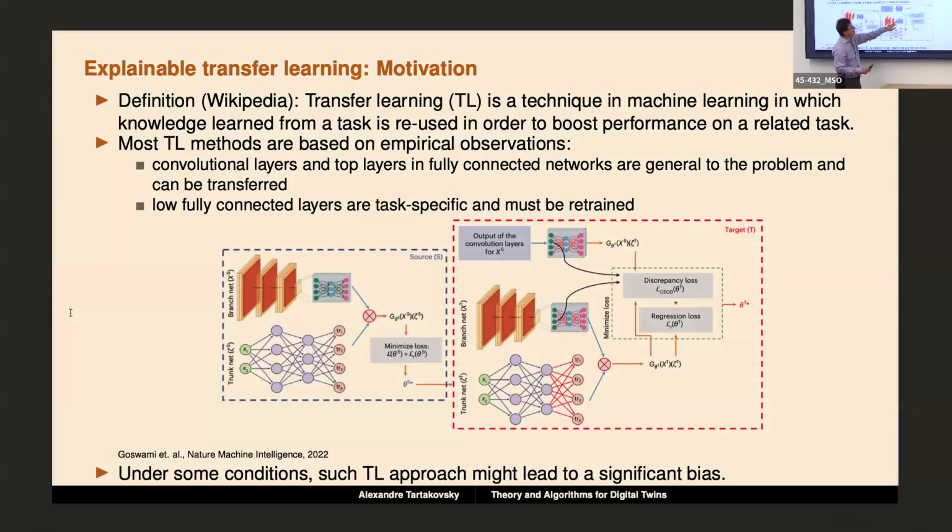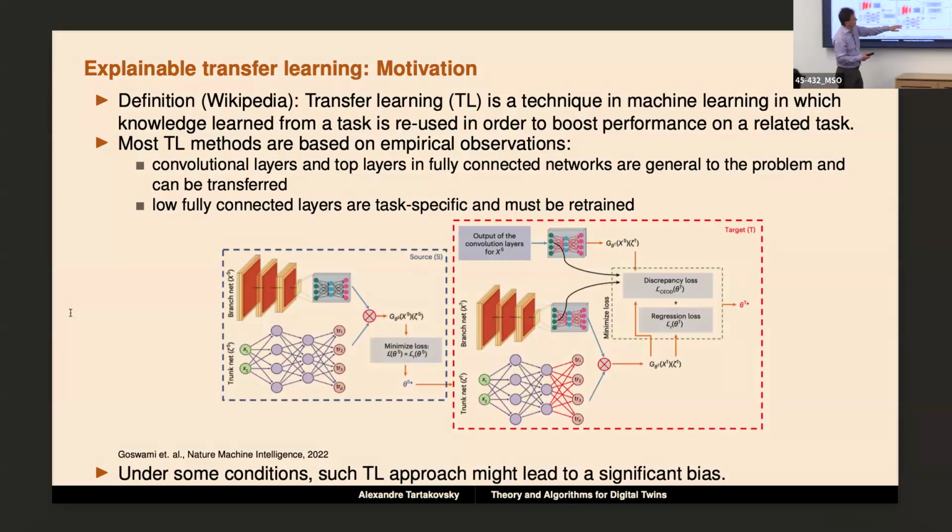Right. And now they decided to retrain all parameters in this fully connected network that is part of the branch neural network. So again, the choice of what to transfer and what to retrain is very empirical.